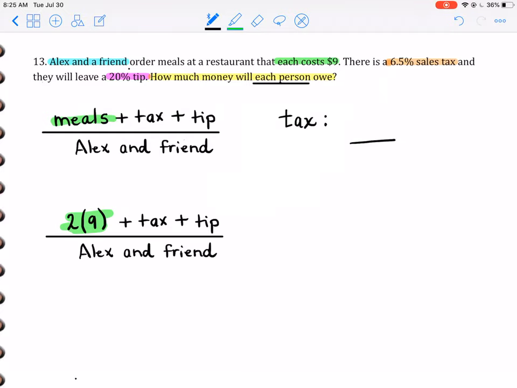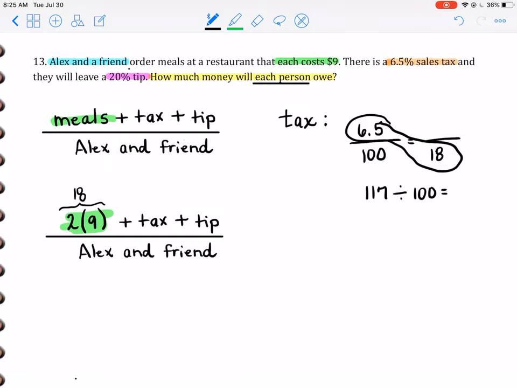Okay, to do your tax, you're going to do your percent over 100, and your percent is 6.5. And that is going to be on a bill of $18 because 2 times 9 is 18. So I'm calculating the tax, and I need my calculator to say 18 times 6.5 is 117 divided by 100 is going to be $1.17.